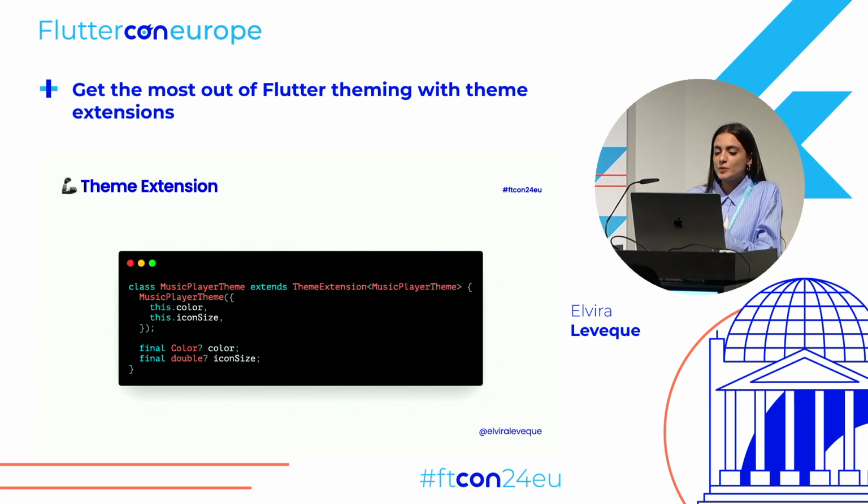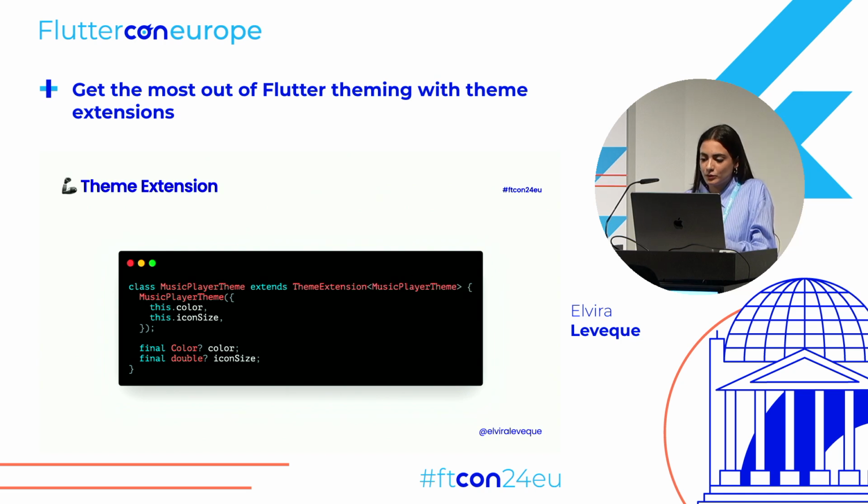And now, because we are extending an interface, of course, we also have to override some methods. And this part is a bit boring because there is a lot of boilerplate code, but there isn't really a workaround for this. Most of the time, you will find yourself just copying and pasting the same code because the implementation will always be kind of the same. You will just need to replace your property names.